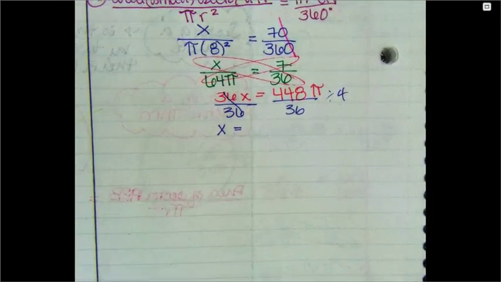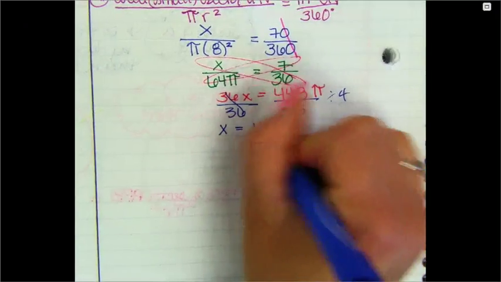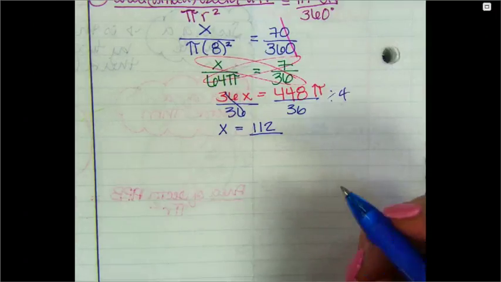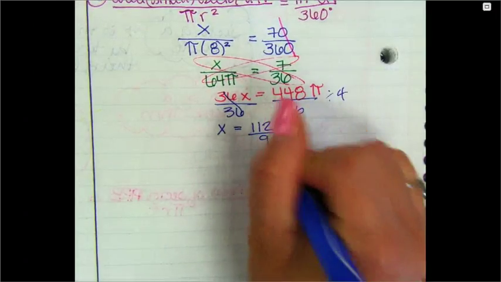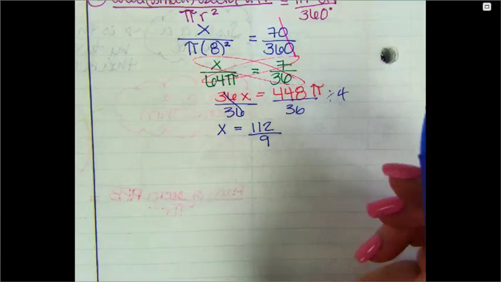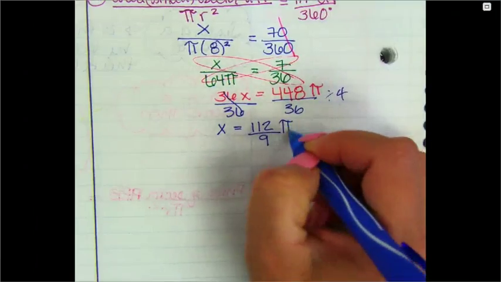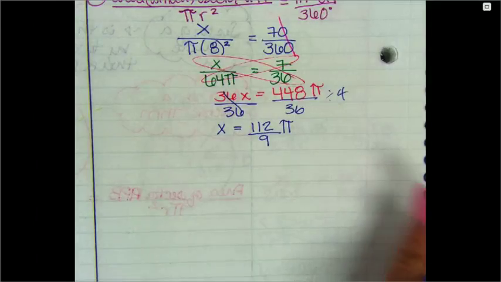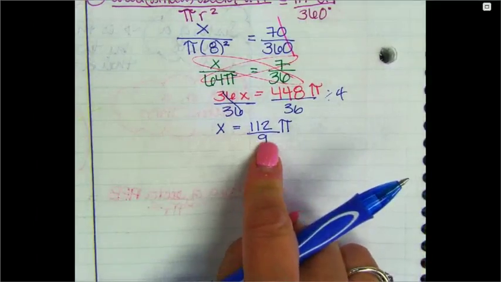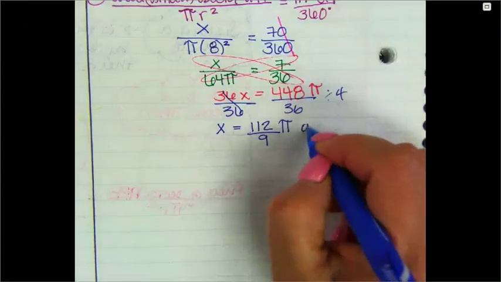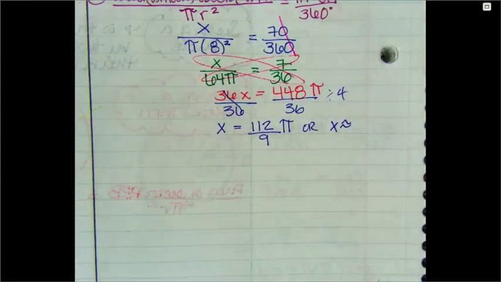What's 448 divided by 4? 112 over, if you're dividing 36 by 4, what do you get? 9. Can anything go into 112 and 9? Nope. Don't forget pi. Okay, simplest form in terms of pi, or you need a decimal, so you're going to give me an approximation of what?